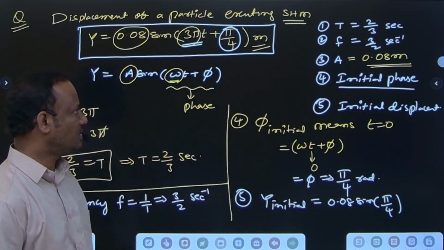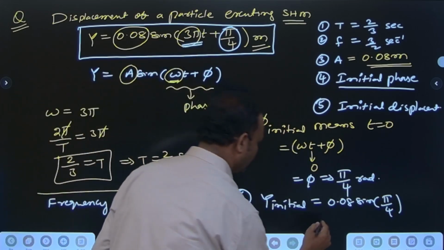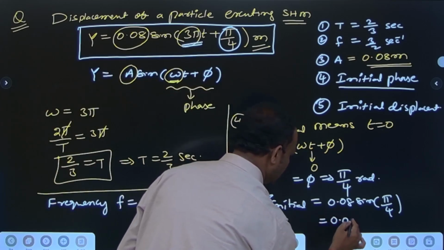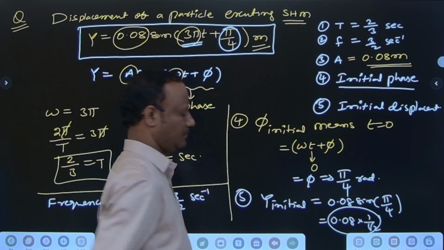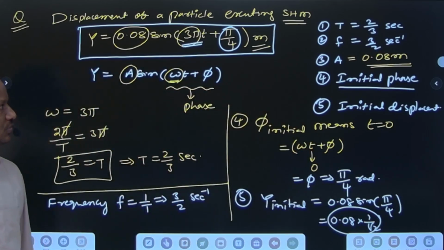When he says initial, that is t is equal to 0. So what do you write? 0.08 into 1 by root 2 is the answer. So like this type of question, some equation will be given, and from the equation he would ask us some selective points according to the given options.